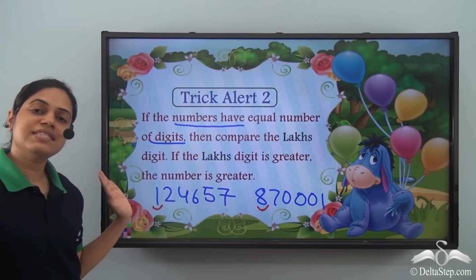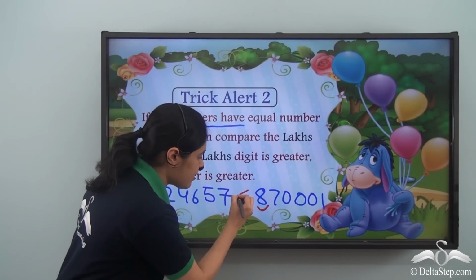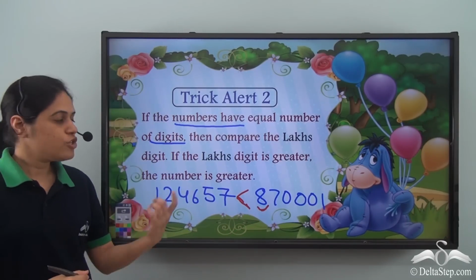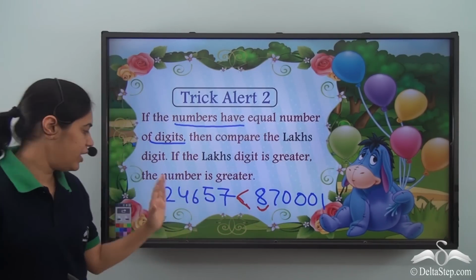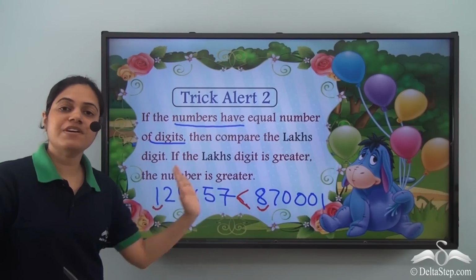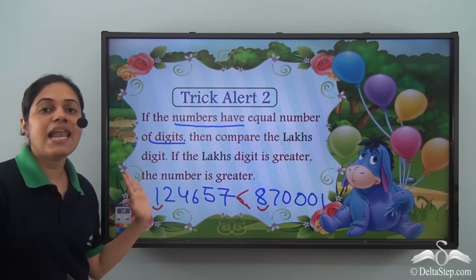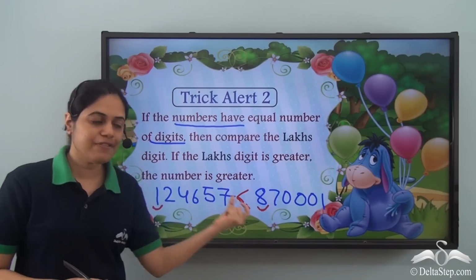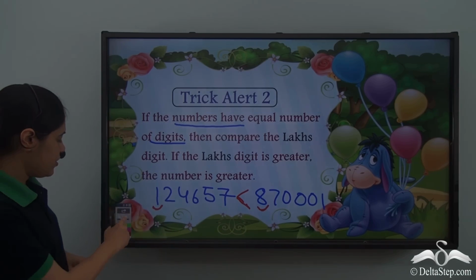Now 8 is greater than 1, so this number is greater than this number. So if the number of digits are equal, I compare the first digits, that is the lakhs digits of the two numbers, and the number with the greater first digit will be greater.